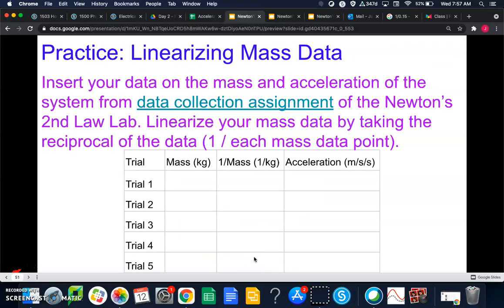Okay, and so then what you're going to do from here is take your data from day 1, and you're going to put in your mass data and your acceleration data, and then you're going to linearize the mass data. So you're going to take each data point for mass and take 1 divided by that data point, and write that in right here. Do that all the way down.